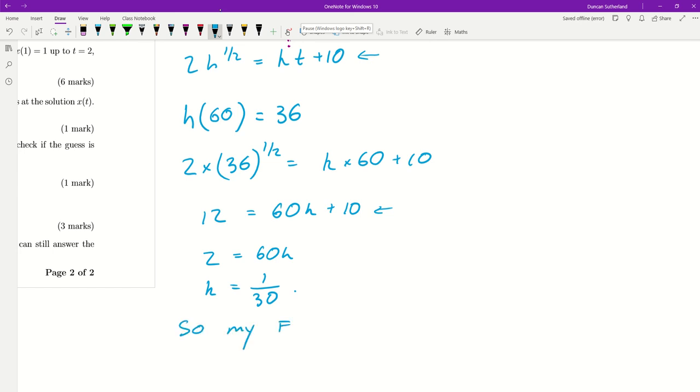So my final particular solution to the ODE, 2h(t) to the half equals 1 over 30 t plus 10.